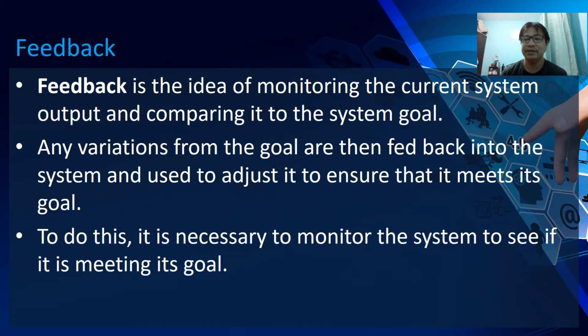Okay, so feedback is one of the reasons that the system is improving. Okay, so any variations from the goal are then fed back into the system and used to adjust to ensure that it meets its goal. Yeah. So one of the advantages siya ng feedback.